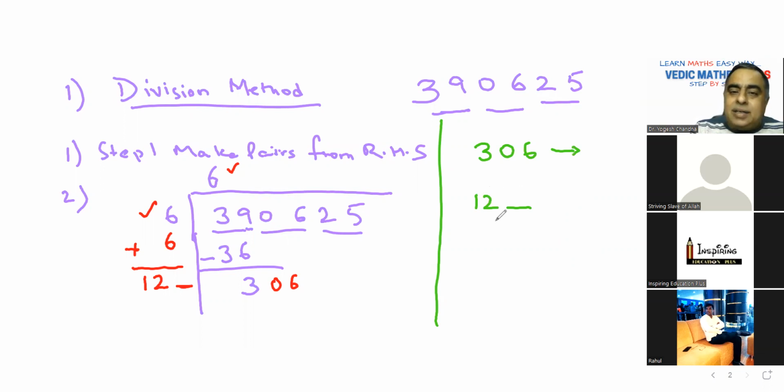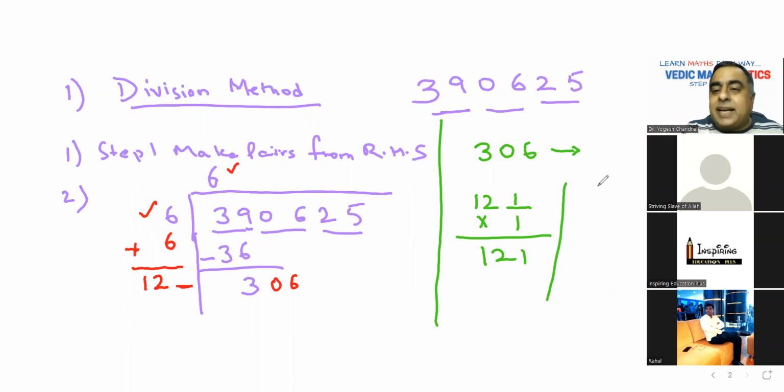One thing to remember: whatever number you are going to add, the same you have to put here also, meaning the same would be your divisor also. I'll give you an example. Let's assume 121 initially. That means it would be multiplied with 1. 1, 2, 1. Now 121 is very much less than 306. Let's make a second assumption: 1, 2.